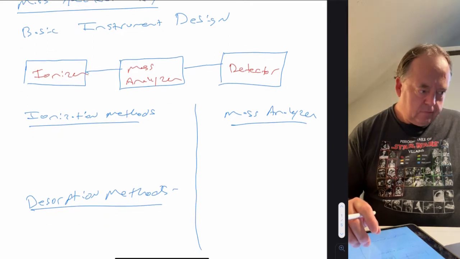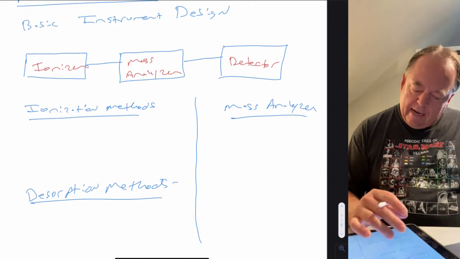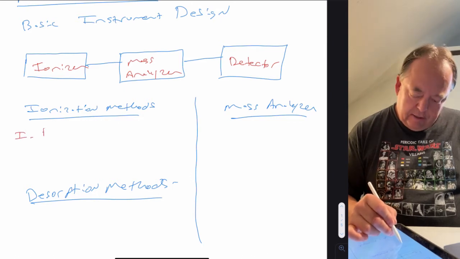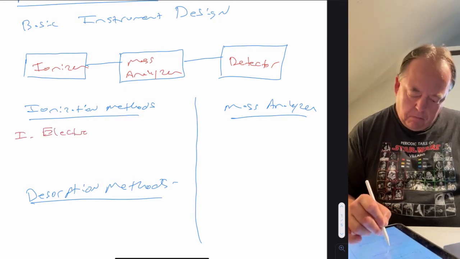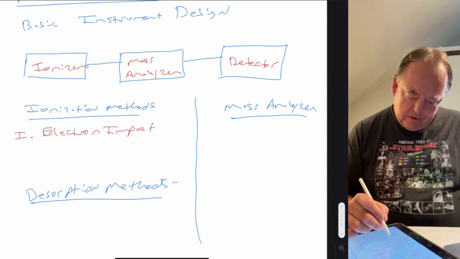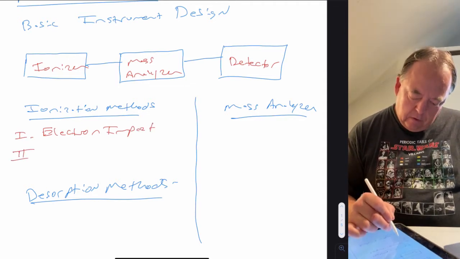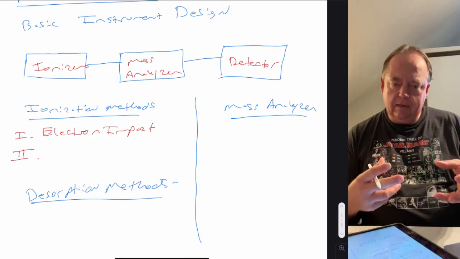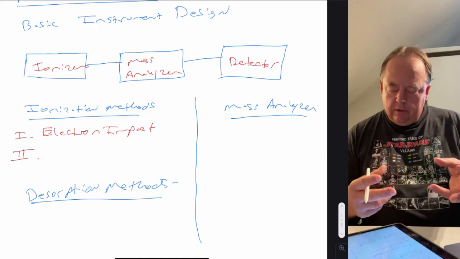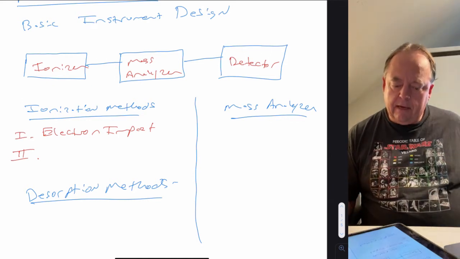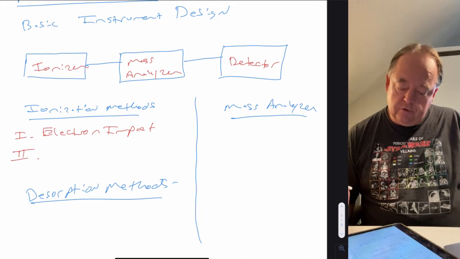So there are different ionization methods. You have what are called electron impact mass spectrometers. Ionization means you introduce a neutral molecule and you have to get the molecule charged in the very first step of the mass spectrometry experiment.